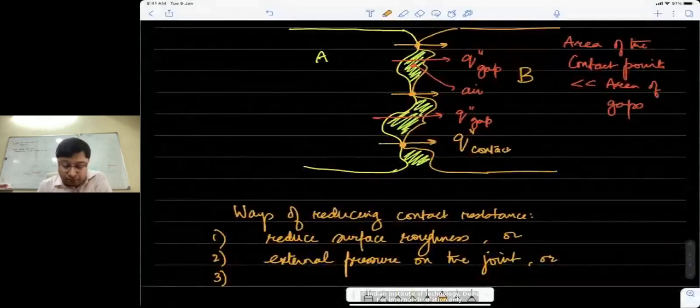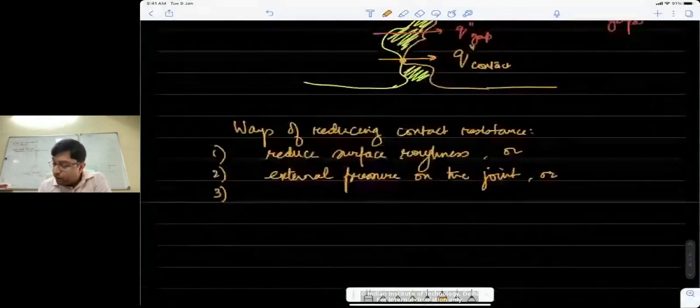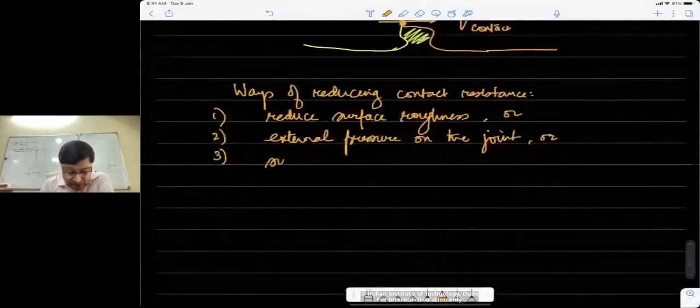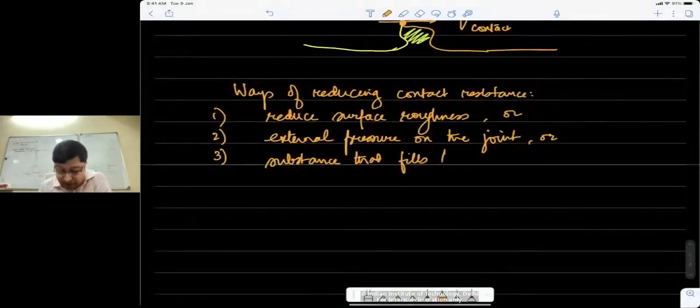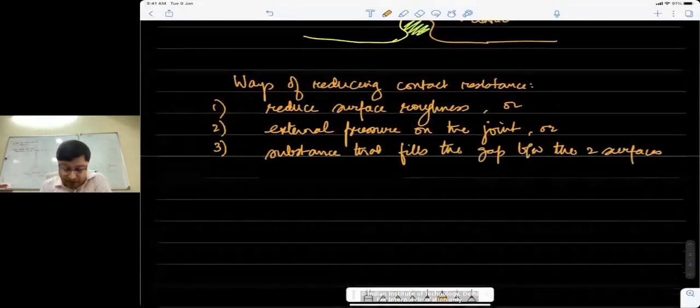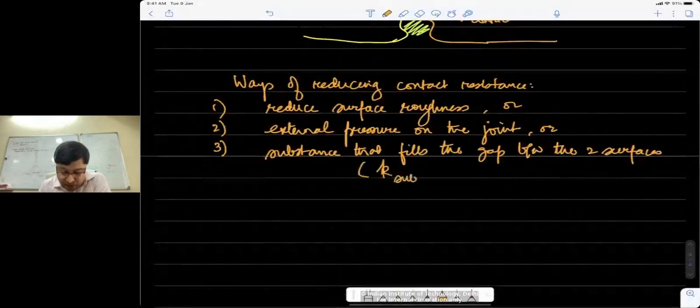That material will fill these gaps and will allow conduction of heat more effectively. So we can use a substance that can fill the gap between the two surfaces. The property of this material should be that whatever substance we use, it should have a conductivity which is much more than the conductivity of air.